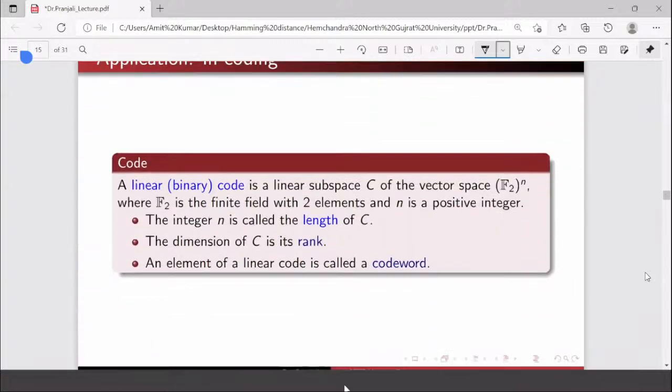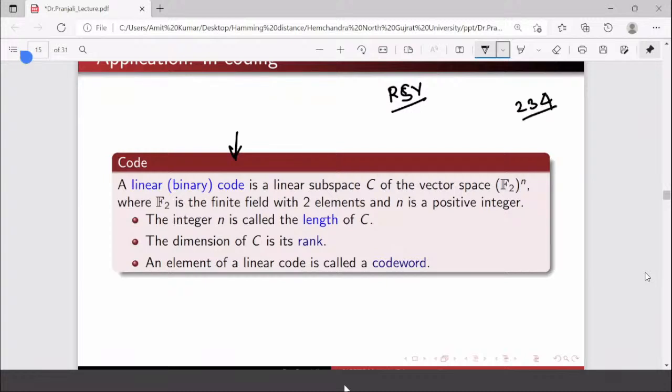What is a code? As I told earlier, a code is nothing but a message, but it has been modulated in a specified way. For example, if you want to send RSY, it might be possible that you have converted it into 234.